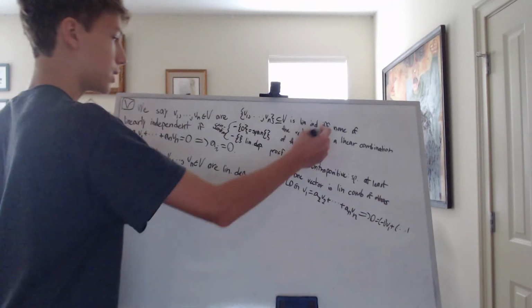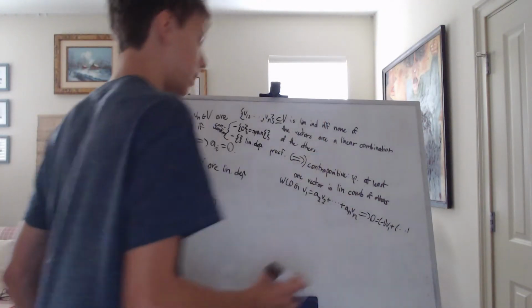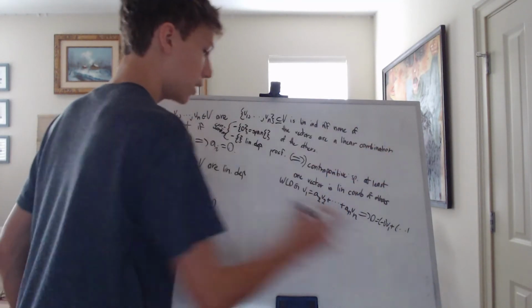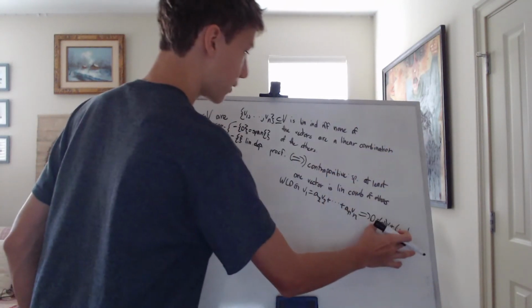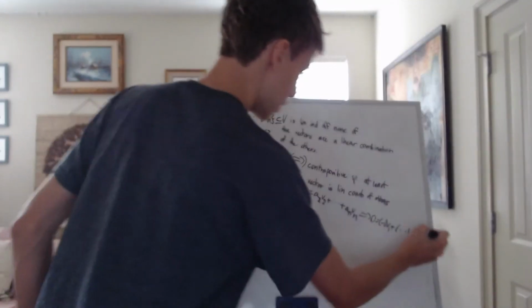We were proving the contrapositive, that is, not this implies not that. So we've proved that the set of n vectors is then linearly dependent, so that's a check mark by our definition here.